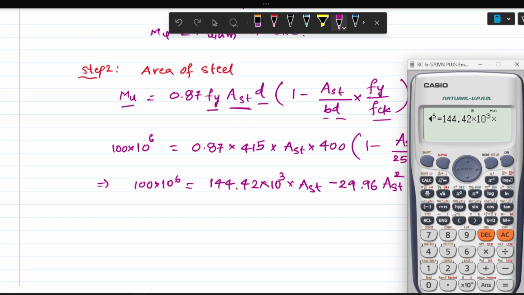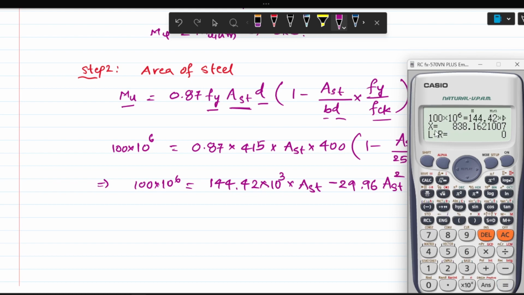Here you can see you have this bracket symbol as x. Alpha, this bracket symbol will give x minus 29.96 into alpha, this bracket symbol, next square. Now we have to solve this equation. For that we have to press shift calc so that you will get asked solve for x. Now click on is equal to.